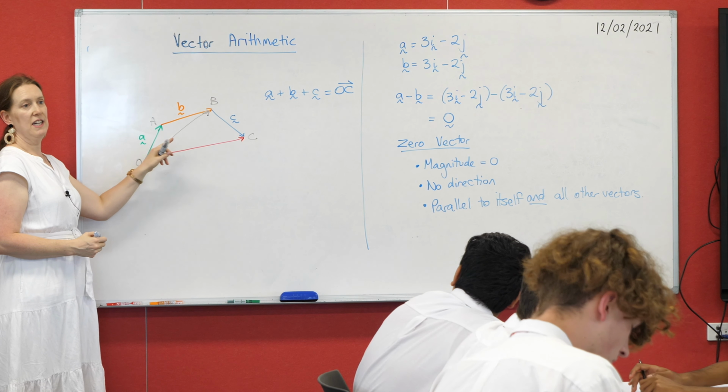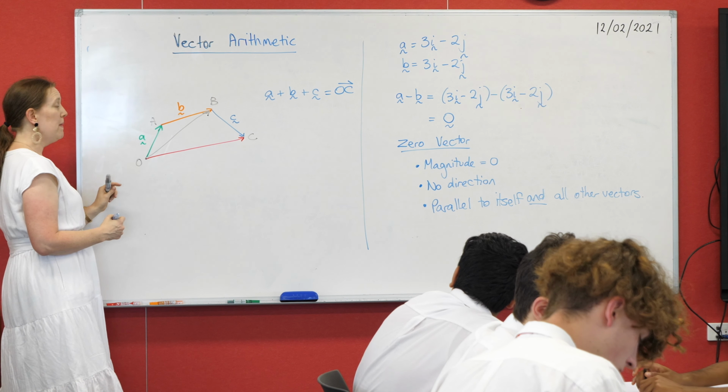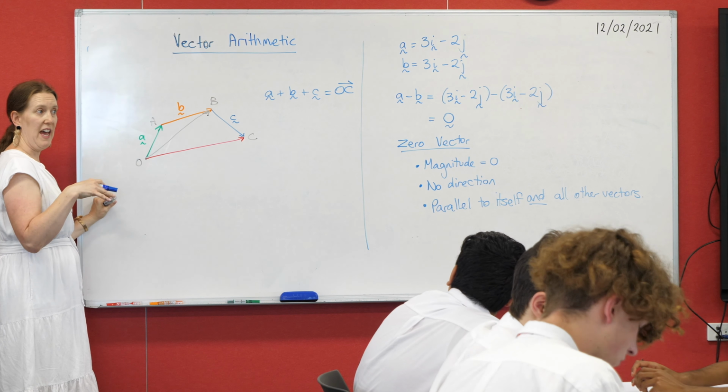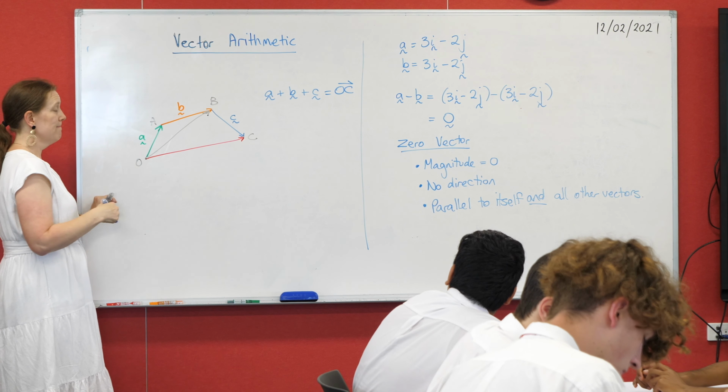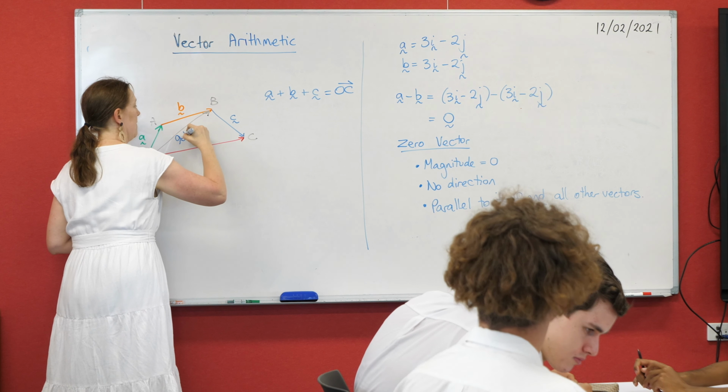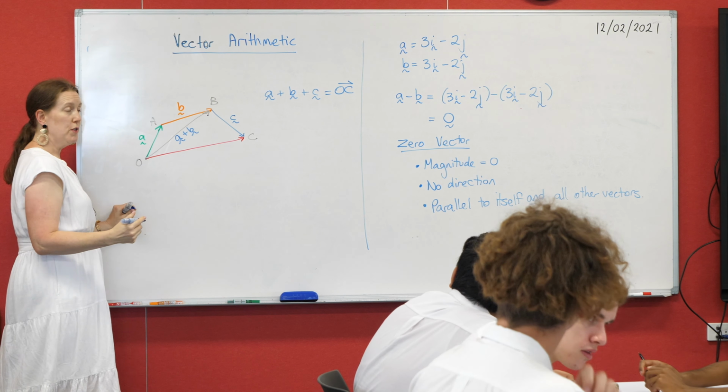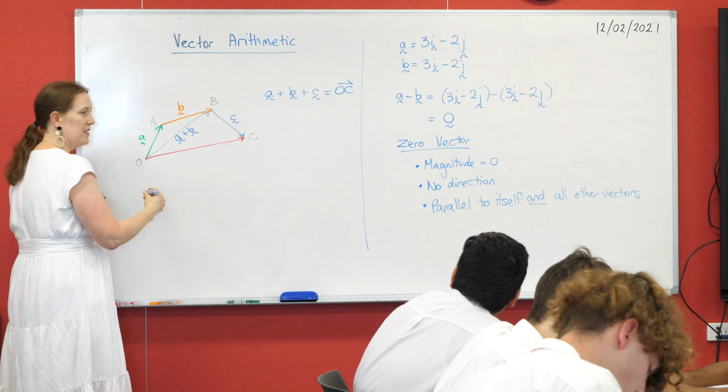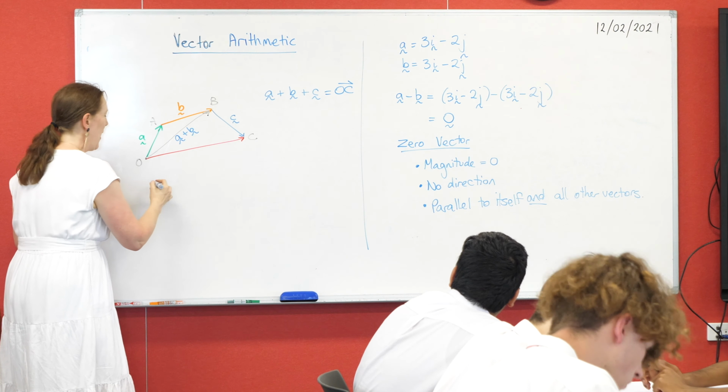What's this vector? OB, can you give it to me in terms of A's and B's? A plus B. So, and this again might be one of those things that you look at and go, duh.